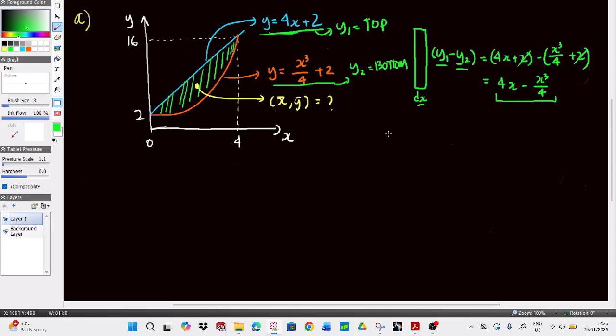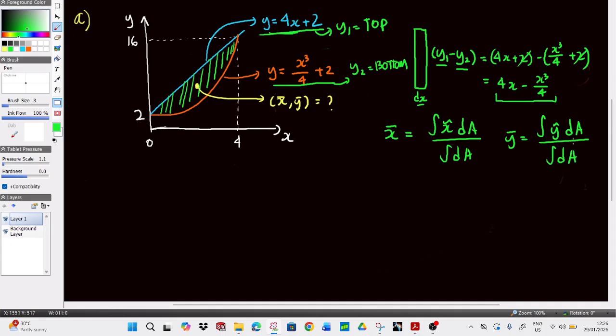To find the centroid, if you remember, x bar is always the integral of x tilde dA over the integral of dA. For y bar, it is simply the integral of y tilde dA over the integral of dA.